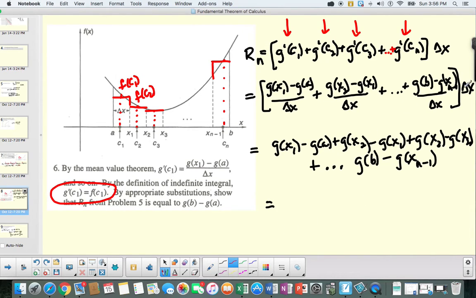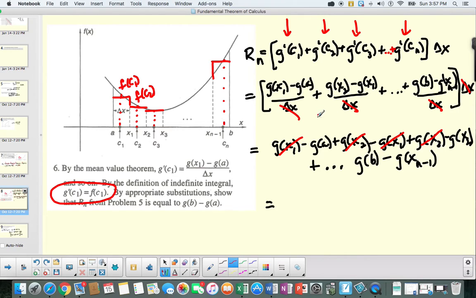We're going to reduce here, and we're just going to get these numerators, g of x sub 1 minus g of a plus, and so on. And there's going to be a domino effect in that things are going to get canceled, because we reuse another g point here.